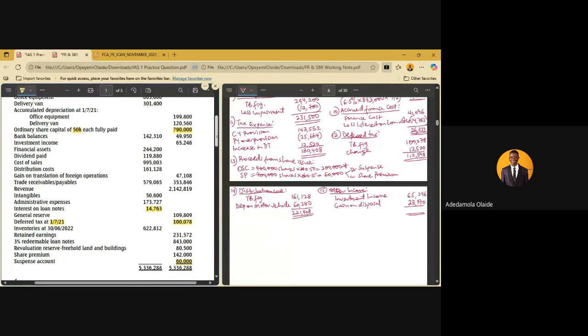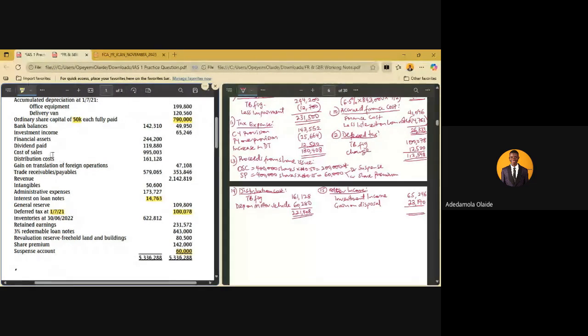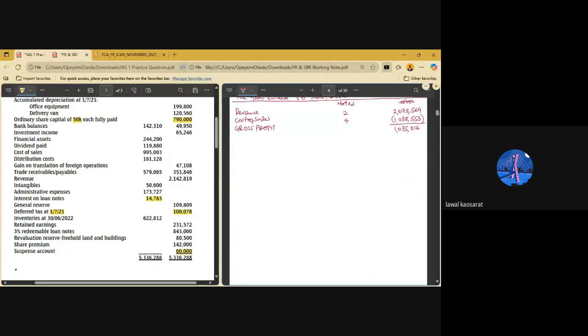Okay. So the total is 88,436. Other income, 88,436. Then we can now bring the distribution costs.